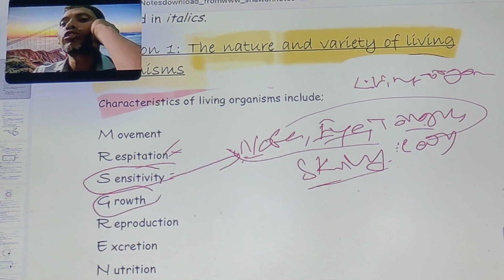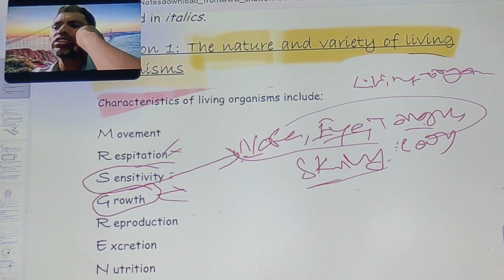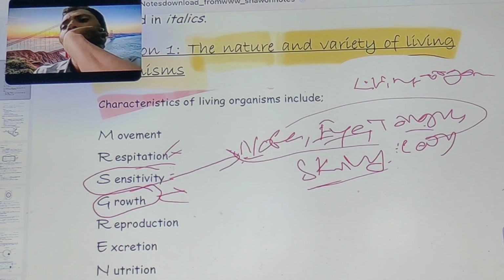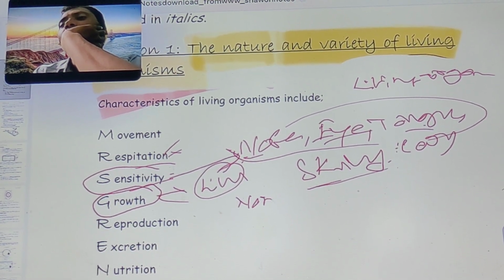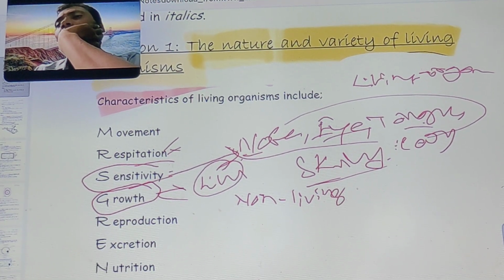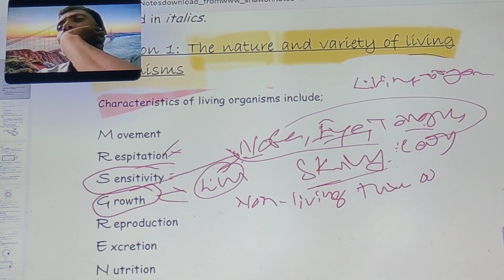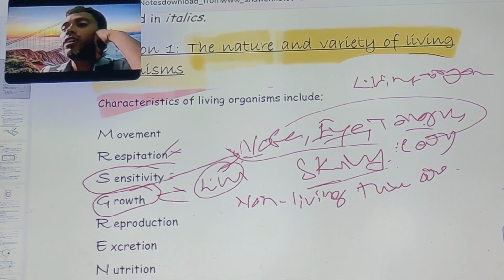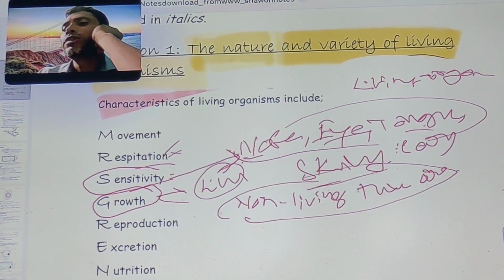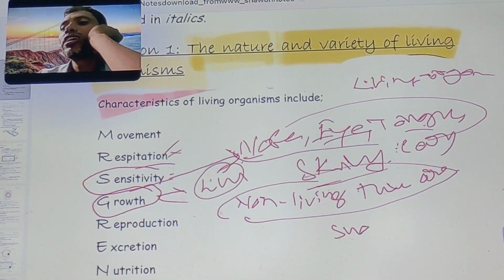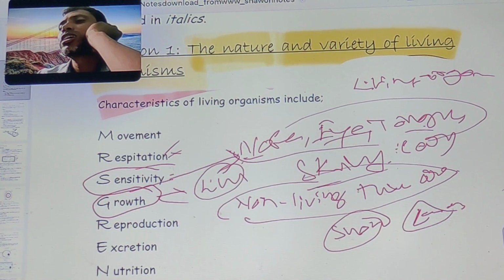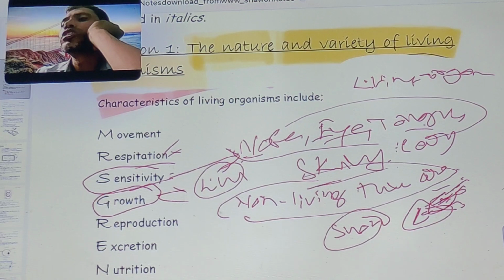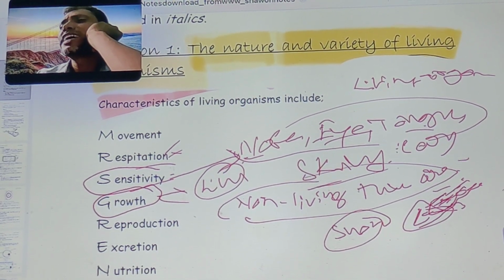Next is growth. Growth is not a complete characteristic of living organisms, because non-living things also show growth. For example, in a snow area, if you park a car in the evening, by early morning the car shows growth in size, an external growth.